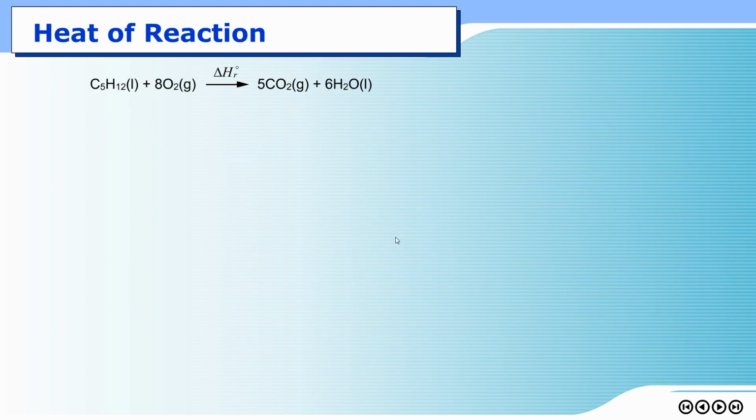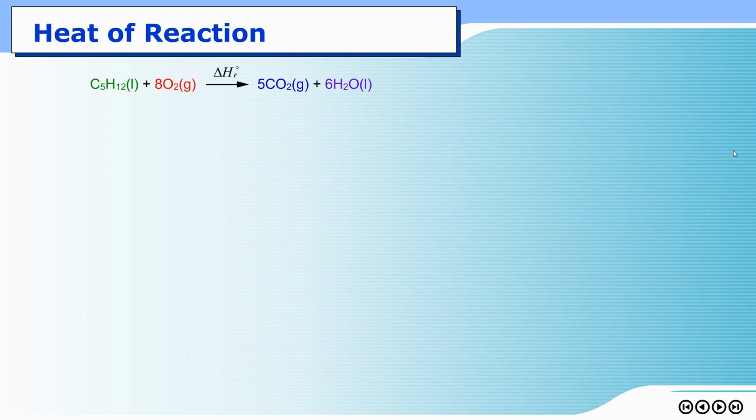Another way to do it, I can explain using this equation. Pentane reacts with oxygen to get carbon dioxide and water. So this is basically the combustion of pentane. If I want to find delta H associated with this reaction, what should I do?